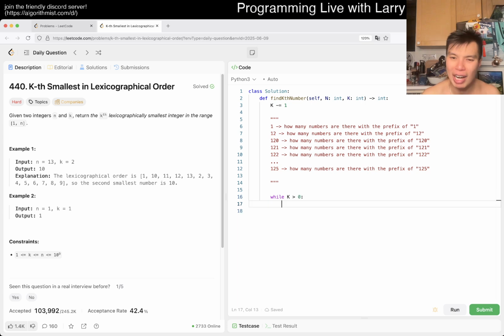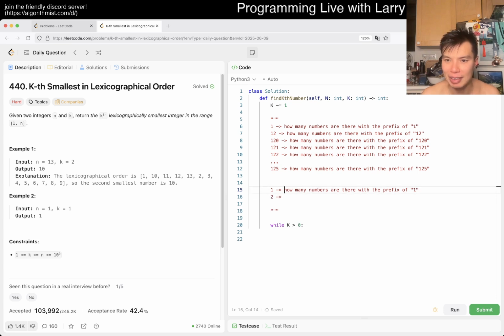The reason I say k is greater than 0 is that the way I always structure it is iteratively, but I think of it recursively. What I mean by that is, how many numbers are there with the prefix of 1? If k is greater than that number, then we have to ask how many, but this is after we subtracted the numbers that are impossible anymore, which is 1. So that's how I think about it, right?